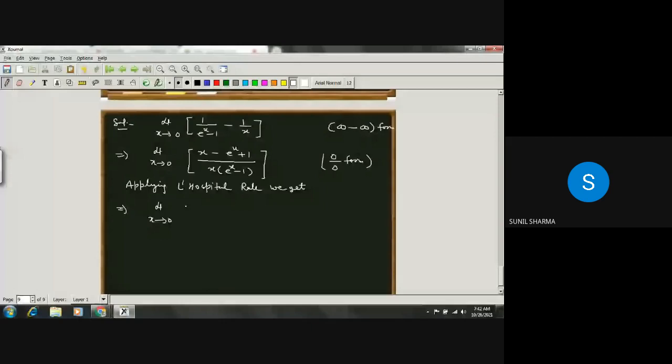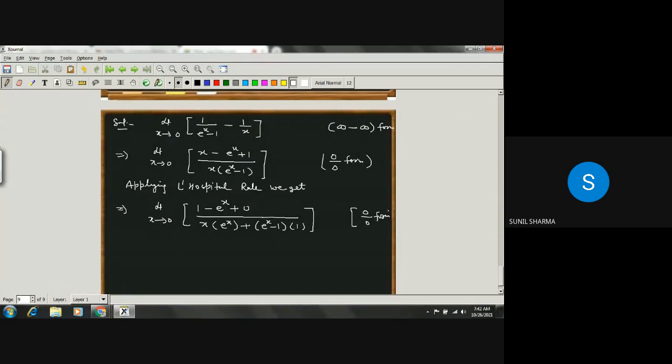It is 1 minus e की power x is e की power x plus 1 का derivative 0, divided by. Here we apply derivative of product of two functions. So x into e की power x minus 1, it is e की power x plus e की power x minus 1 into derivative of x is 1. Now again we check. If we put x equal to 0, again it is in the form of 0 by 0.